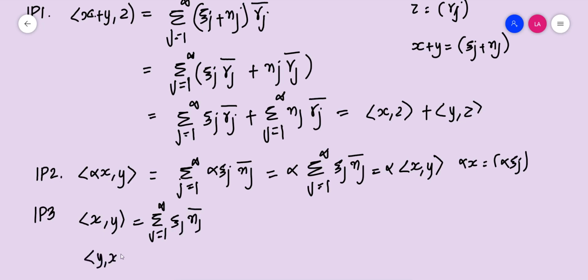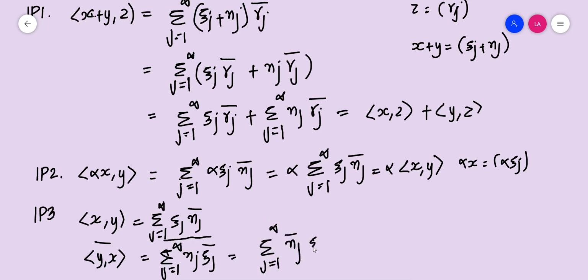Inner product yx conjugate should be equal to summation j is equal to 1 to infinity eta j theta j conjugate, the whole conjugate, which can be written as summation j is equal to 1 to infinity eta j conjugate times theta j conjugate, the whole conjugate, which is equal to summation j is equal to 1 to infinity eta j conjugate times theta j.